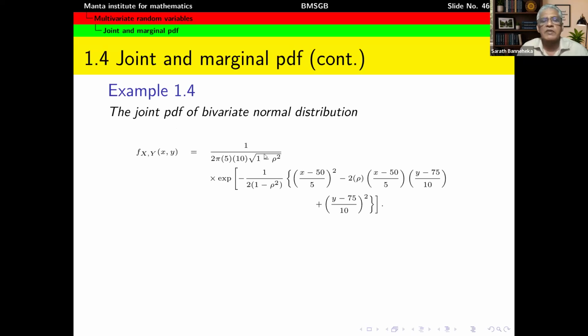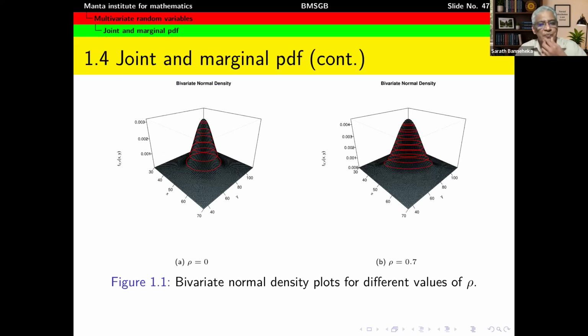So this is the joint density function of a bivariate normal distribution with those values: mean of x 50, mean of y 75, standard deviation of x equal to 5, standard deviation of y equal to 10, and rho is to be given. So these are two special cases. This is what you get when rho is equal to 0. This is when rho is equal to 0.7, where rho is actually the correlation coefficient between x and y.